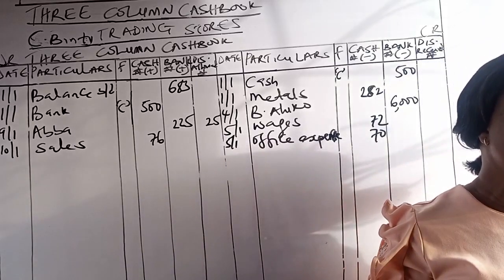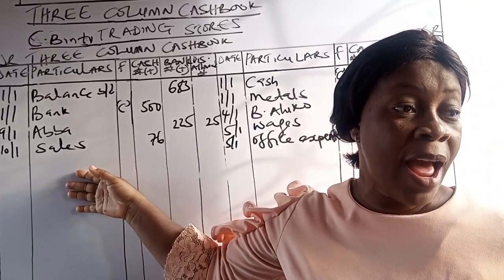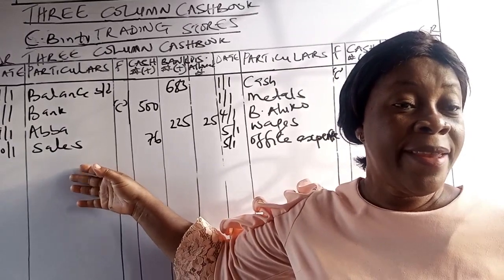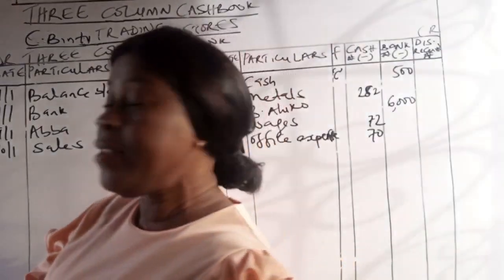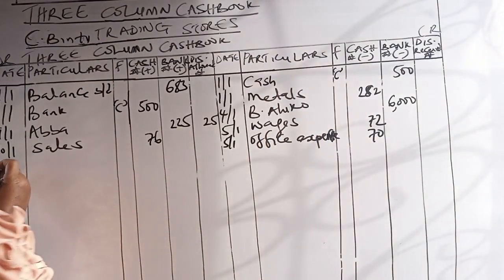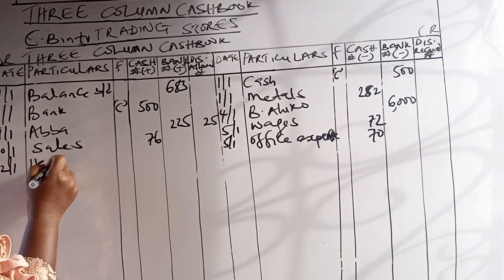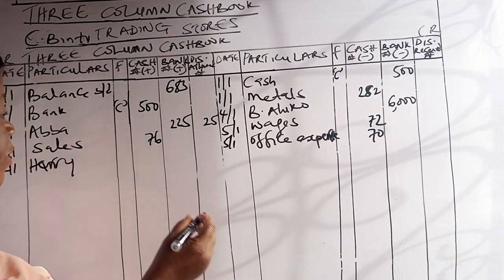So as a result of that, the transaction will lead to a debit entry in bank account. So the date is 12/1. The nature of the transaction is Harry, since it was Harry that paid, settled his account.